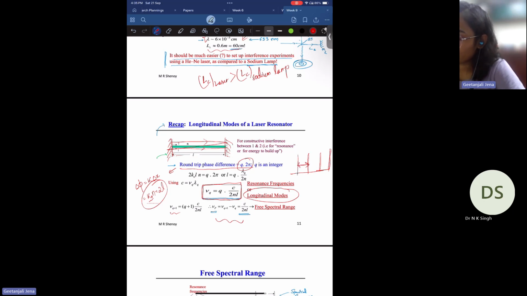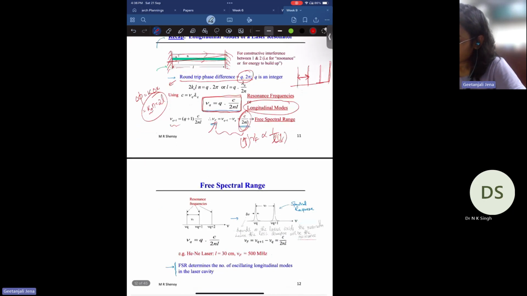This separation comes out as c by 2nL. So you can see nu F is inversely proportional to L. If you want to increase the separation between them, you have to decrease the length, and vice versa.